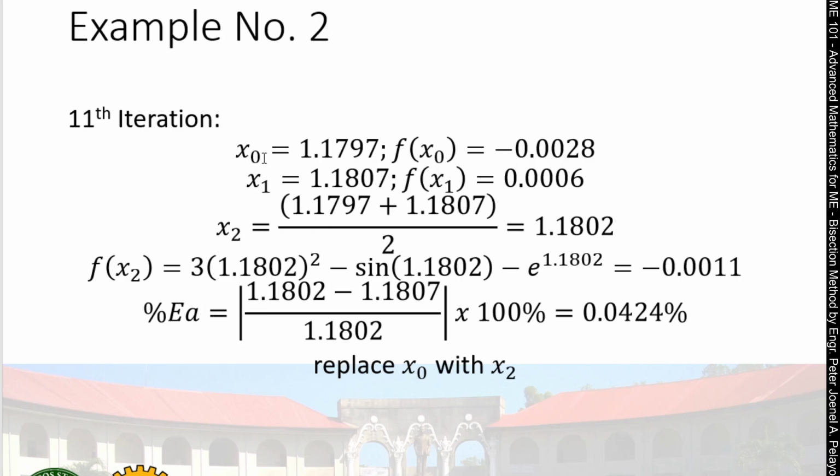And then, kukunin natin midpoint ng dalawa. 1.1797 plus 1.1807 over 2. Ang x2 natin is 1.1802. So, 3 times 1.1802 squared minus sine 1.1802 minus e raised to 1.1802 is equal to negative 0.0011. So, percentage error, 0.0424. So, palit na ng palit. Replace x0 with x2.